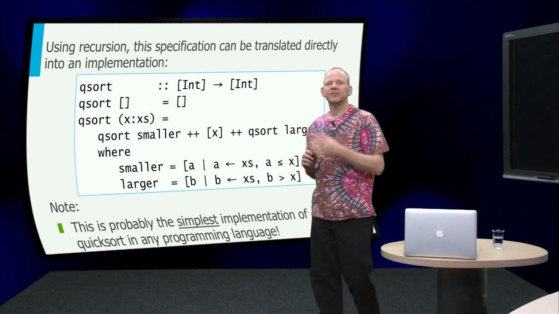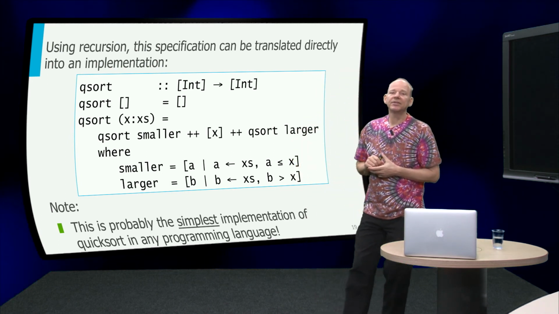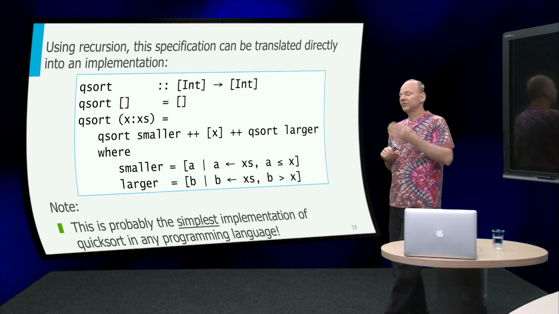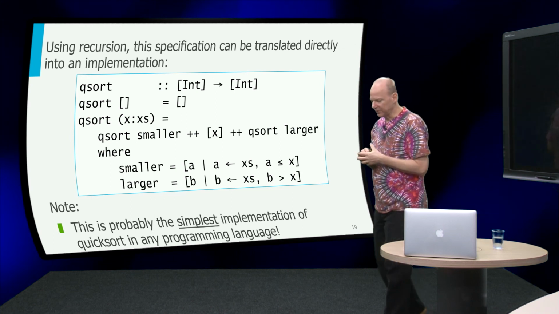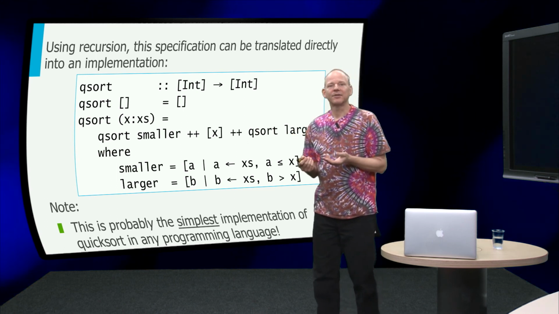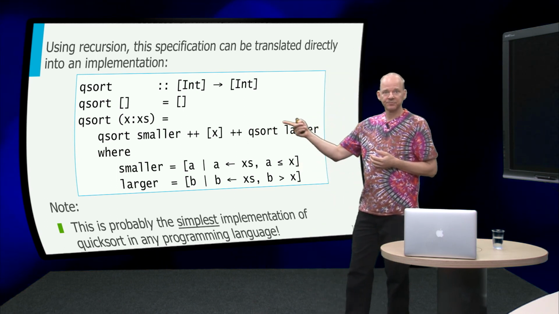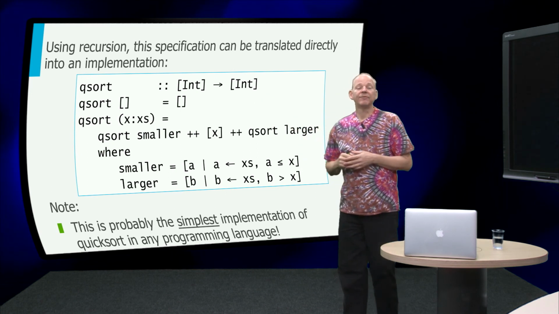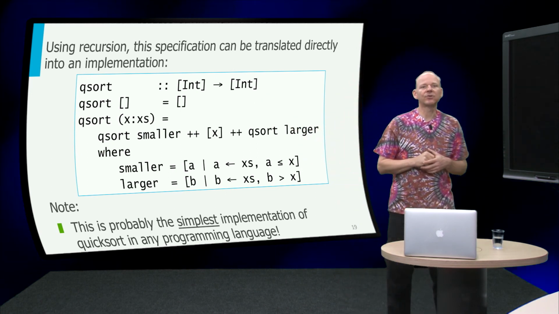All right, here's the implementation of quicksort. Similar to the very first lecture, only now it's called quicksort instead of F. So when we have the empty list, it's already sorted.